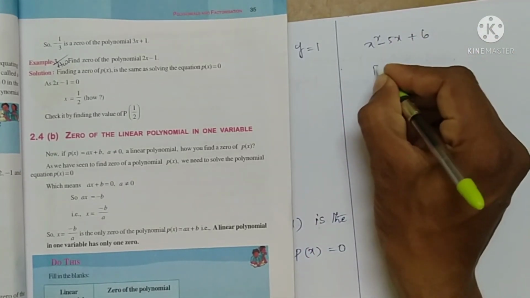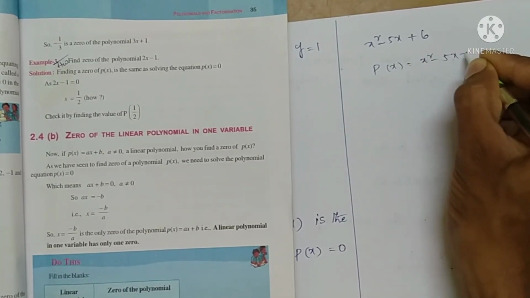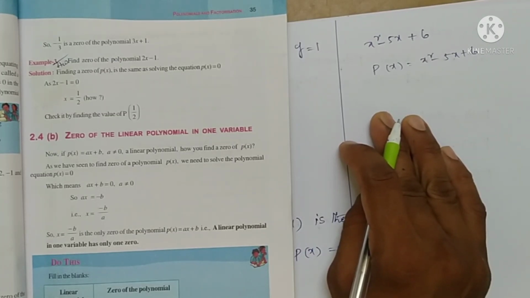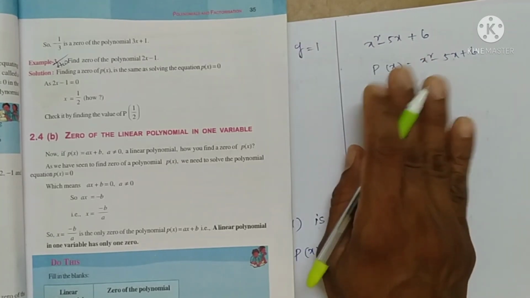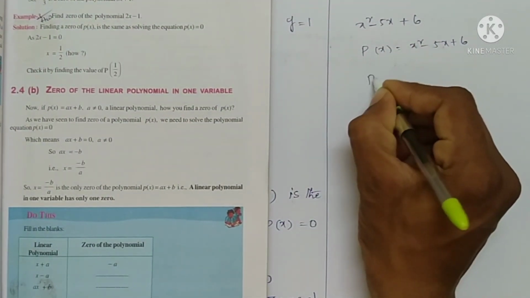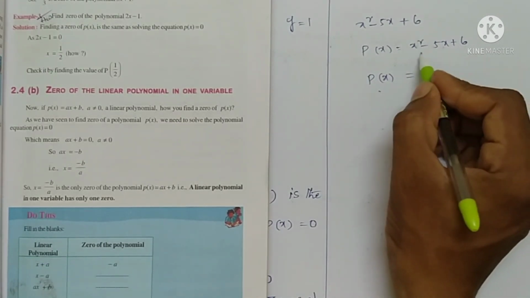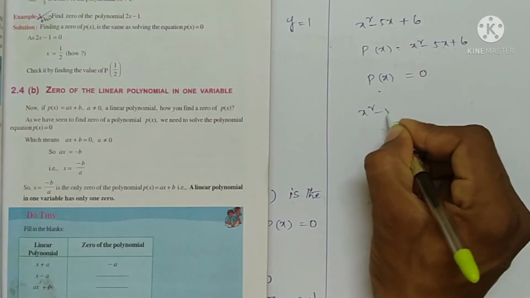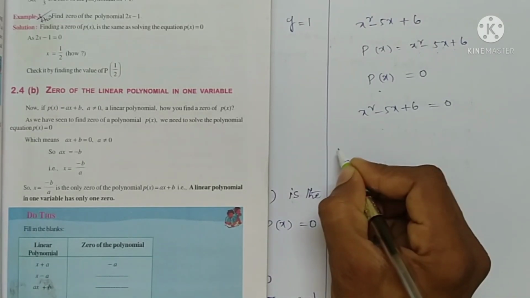So p of x is equal to x square minus 5x plus 6. The value at which the polynomial result becomes 0 is called the zero of the polynomial, right? So p of x is equal to 0, so x square minus 5x plus 6 is equal to 0.